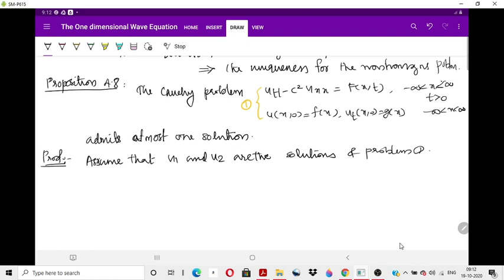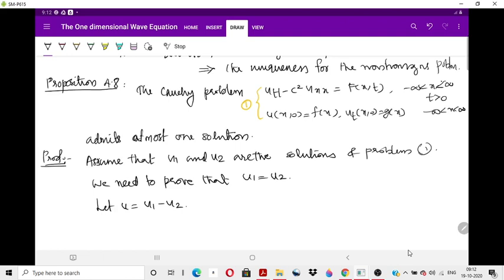Then we need to prove that u1 is equal to u2. Let u equal to u1 minus u2.